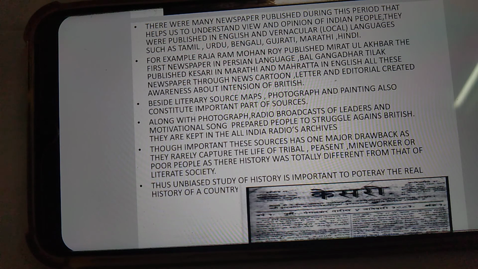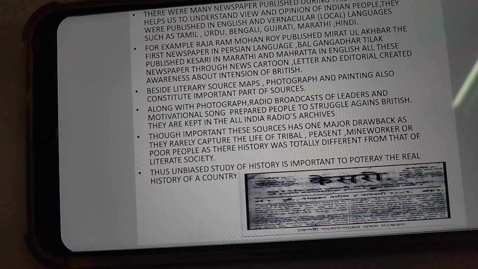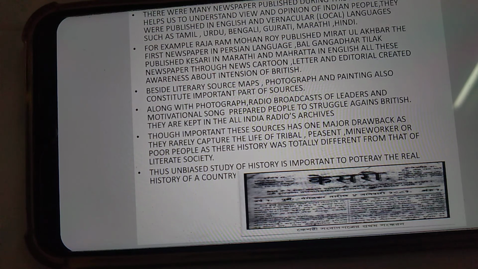Thus, unbiased study of history is important to portray the real history of the country. There is a picture of Kesari newspaper.